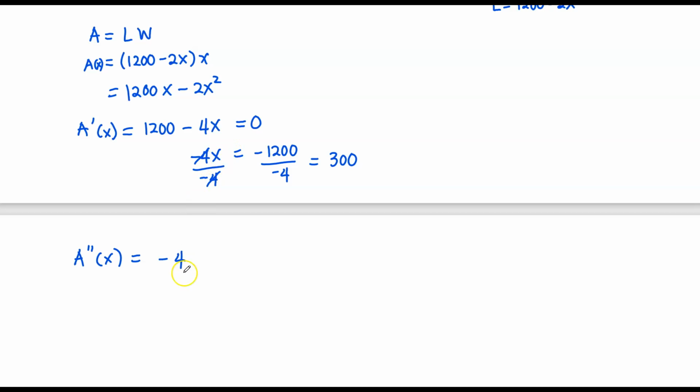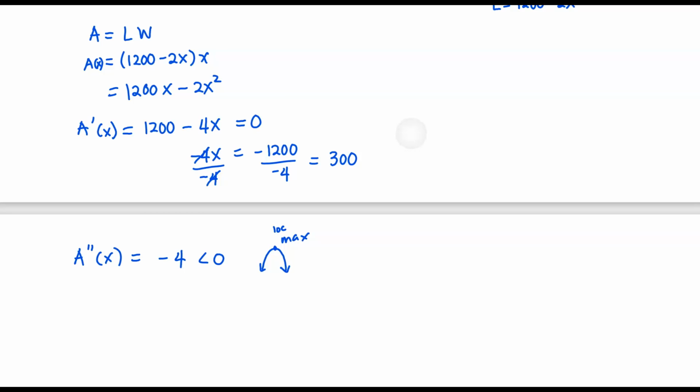Now in this case, regardless of the value of x, the second derivative is always less than 0. And if it's less than 0, the curve is concave downward, so that gives you a local maximum.